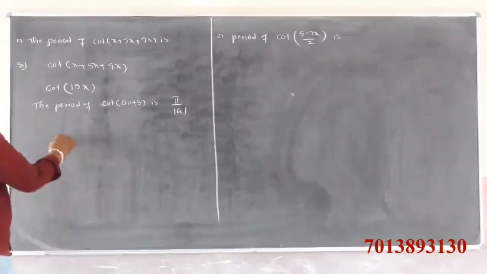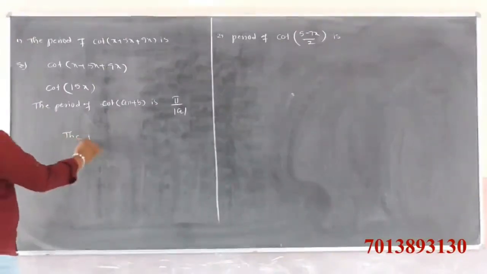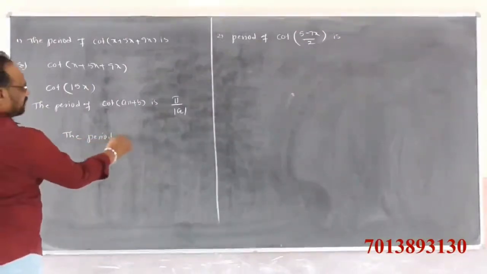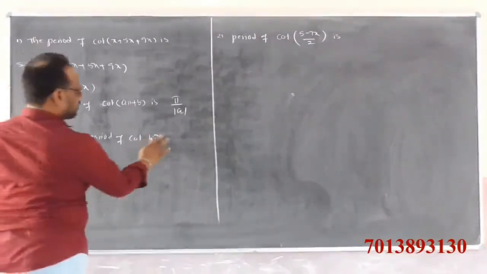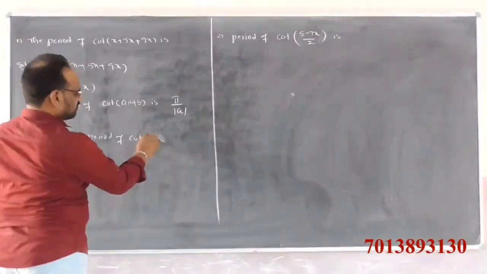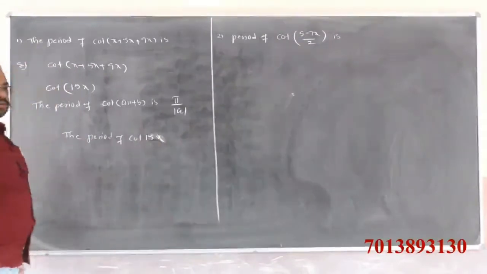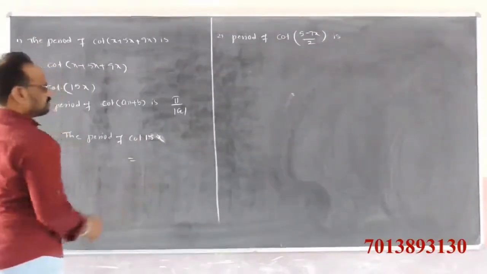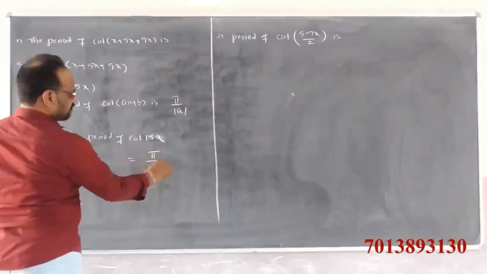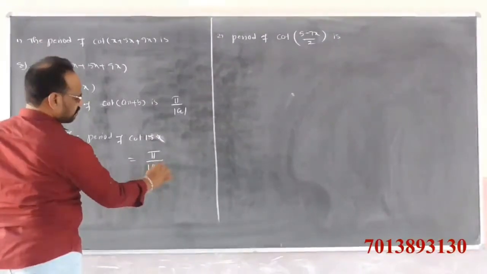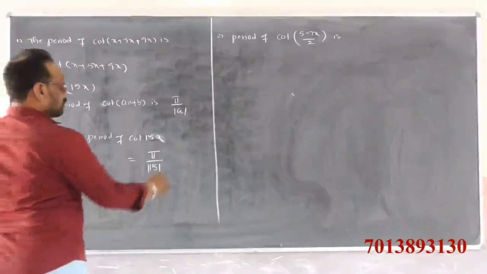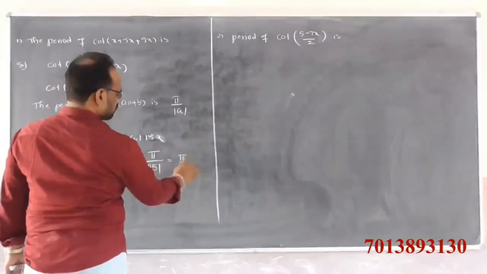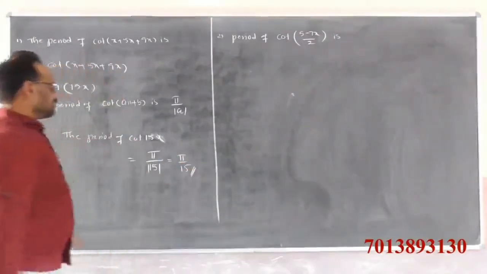We want, therefore, the period of cot 15x. Clearly here the value of a is 15, so the period is pi by modulus of 15.